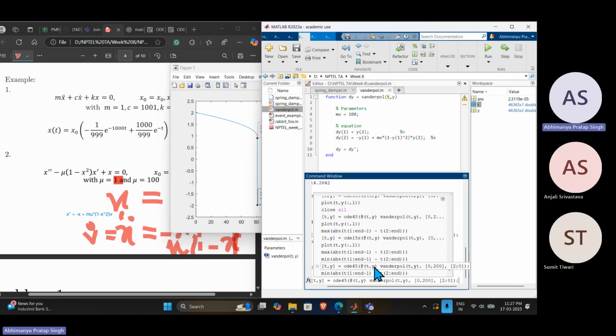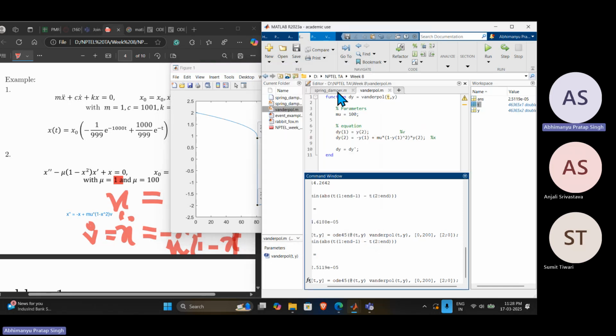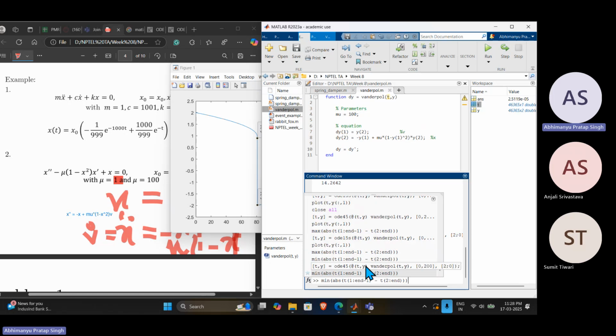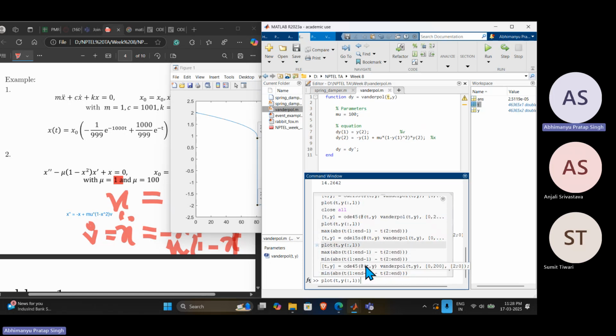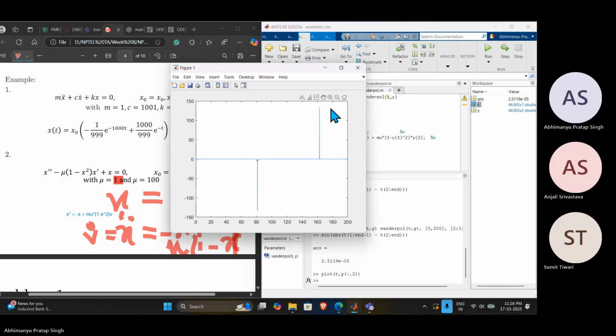So you need to see your problem, what sort of dynamics you have. So let us look at the spring damper. Let us look at the second one. Plot y2. So this is even worse.